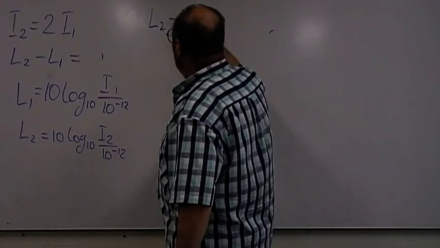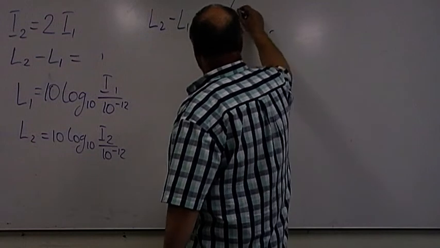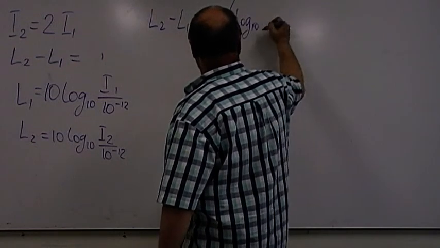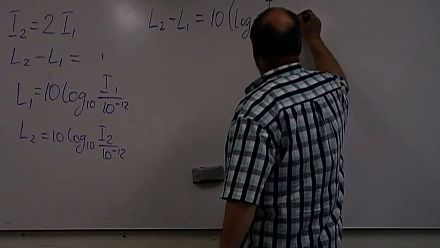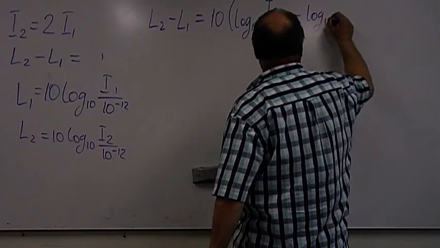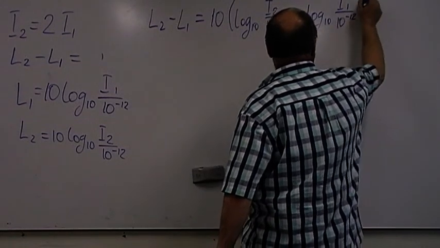L2 minus L1 equals 10, we can take as a common factor: log10(I2 over 10^-12) minus log10(I1 over 10^-12).